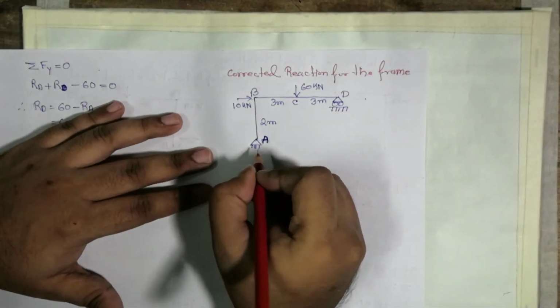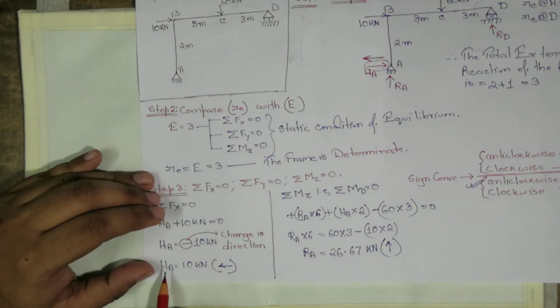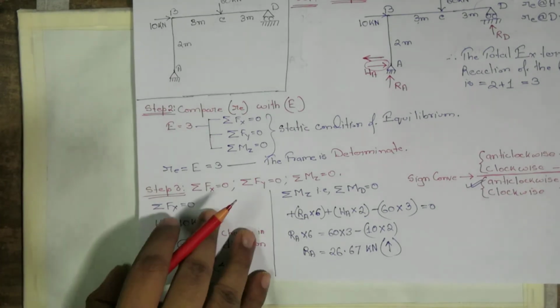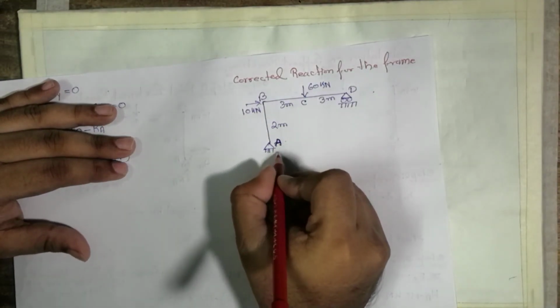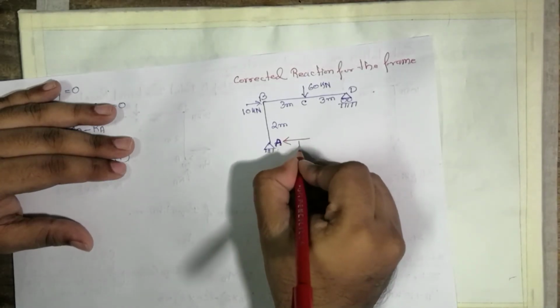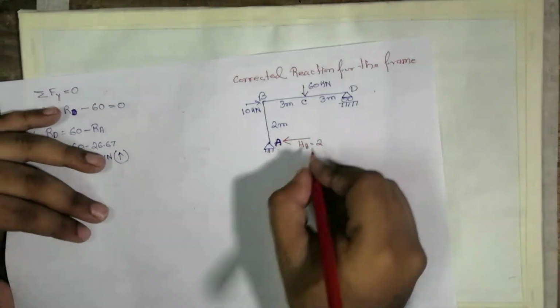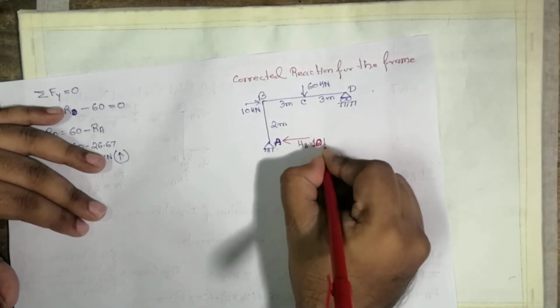Now, from the solution, we know that HA is acting along the negative horizontal axis, that is, along the opposite direction of what we had considered previously. So we are going to draw like this. HA is acting along this direction, which is 10 kilonewton.